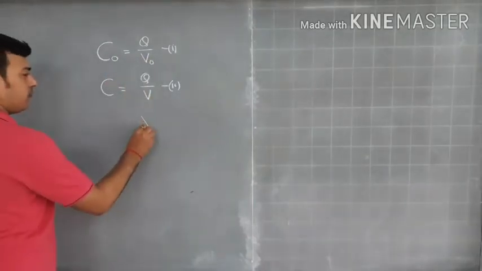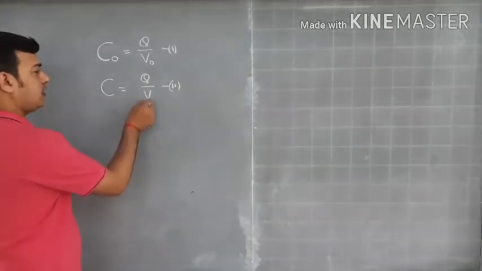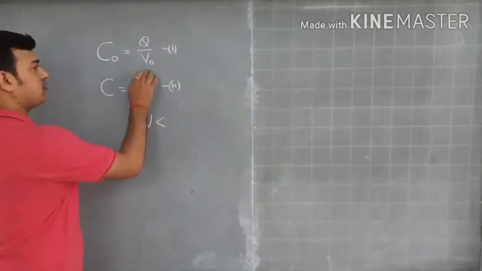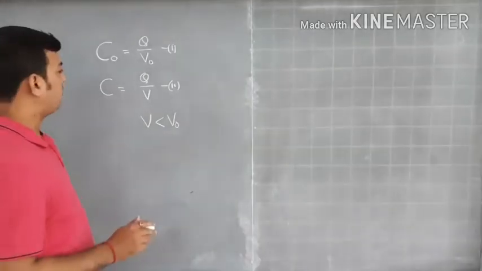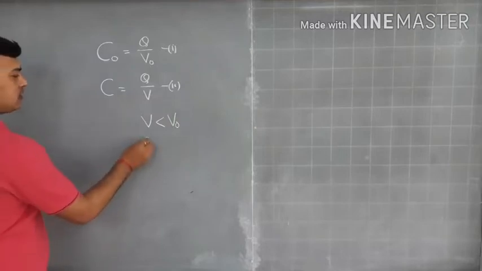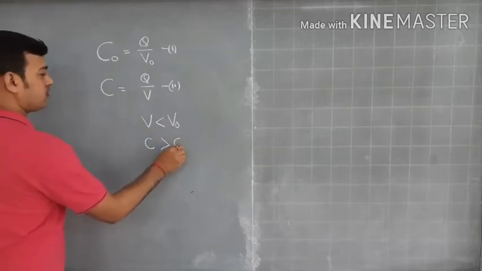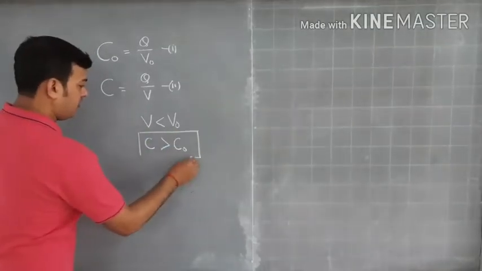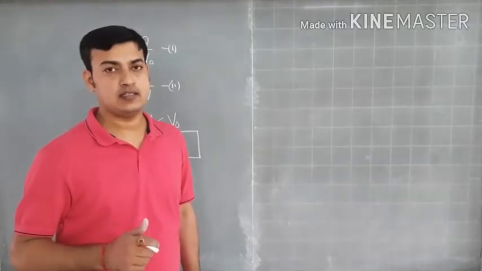From the previous discussion, you know that if you insert a dielectric material, the potential difference between the plates must decrease. So this V must be less than in the previous case where there was air between the plates of the capacitor, and from this you can easily conclude that the capacitance with the dielectric must be greater than the capacitance when there is air between the plates. It means that on introducing the dielectric, the capacitance of a capacitor increases.